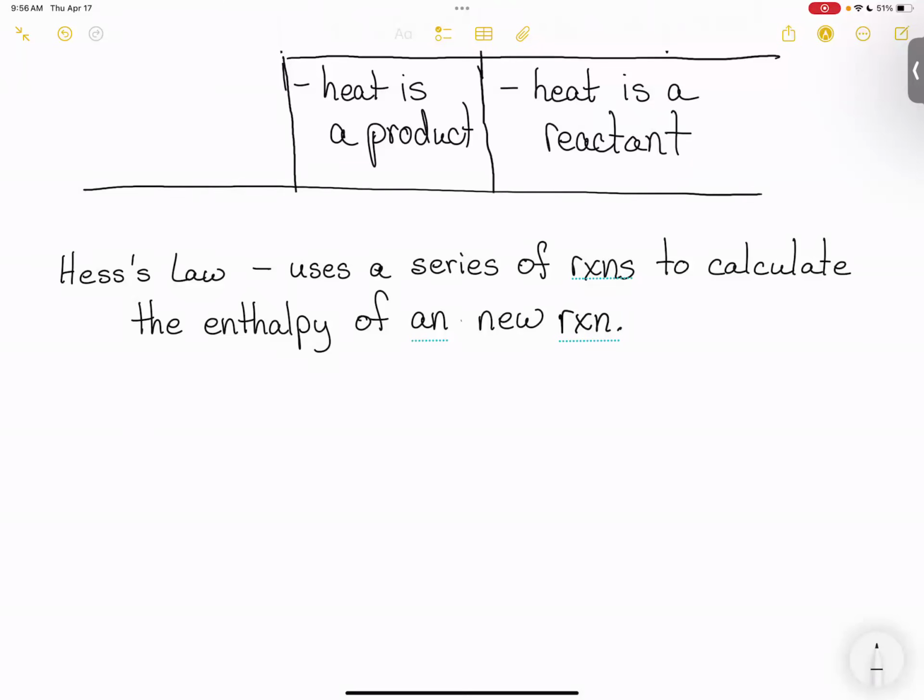Some of the keys: if you flip a reaction, you change the sign of the enthalpy.